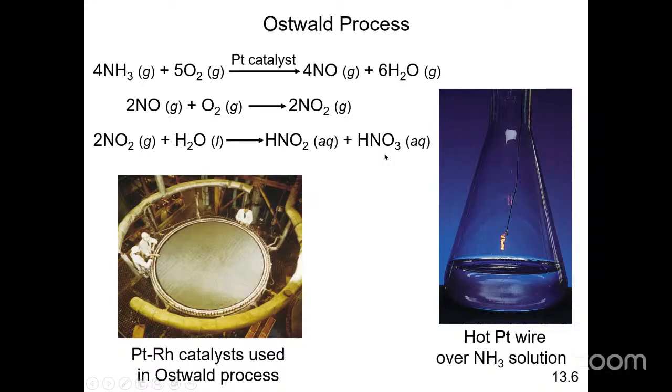So this is a bit more complicated in terms of the number of steps involved, but the important point I'm trying to make here is that, again, this is an example of a heterogeneous catalysis because platinum is a metal and ammonia and oxygen are gases.